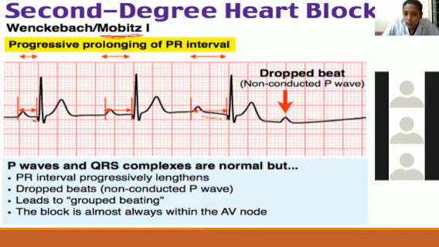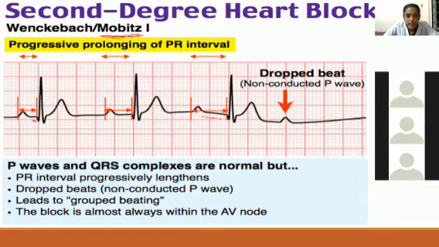That means if one P wave is there and with the P wave, QRS is not there, the impulse doesn't pass from the atria to the ventricles. So that is the meaning. This gap progressively lengthens and one P wave won't conduct at all. That means here the electrical impulse doesn't pass to the ventricles.